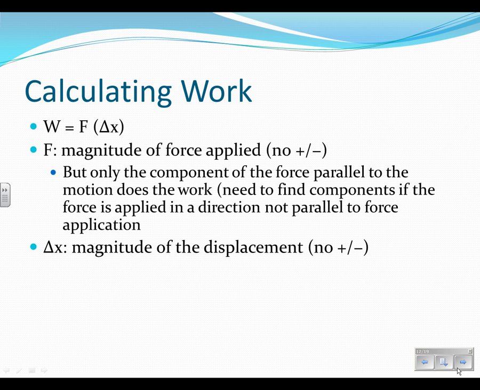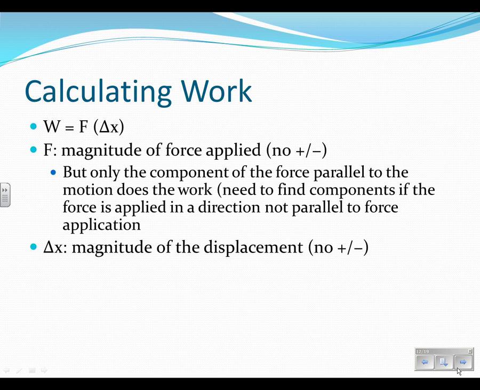Now, you'll notice that it has no positive or negative. Technically, that's true. But work can be negative. It might not come out negative from this calculation, but what would negative work do to an object? Slow it down, or if we talk about it from an energy standpoint, it would decrease the amount of energy that an object has.